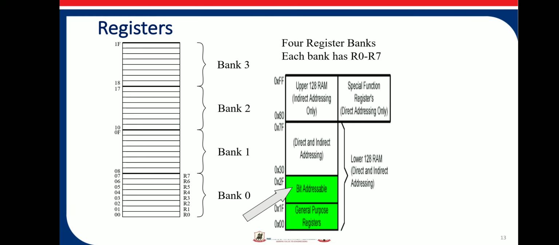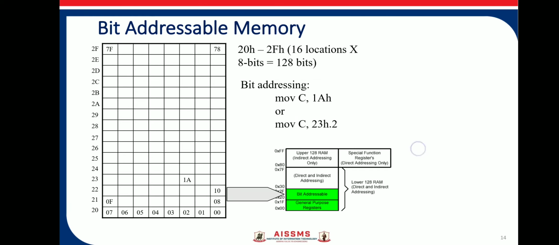Over this combination of addressing modes, the lower 128 bytes of the RAM are reserved for the direct and indirect addressing modes. The upper 128 bytes of RAM can be accessed indirectly, with memory locations 80 to FF, where the special function registers are stored.